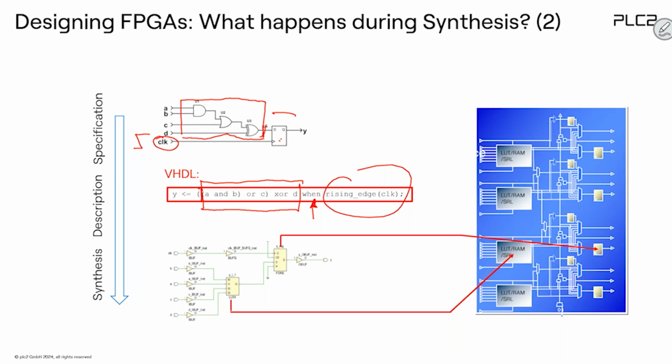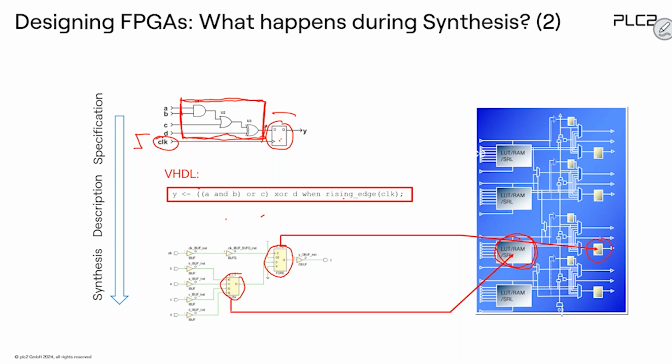The registered function. This means now, if I describe this and run the synthesis, I will again get this logic. The lookup table, which represents this block, will be implemented here because it's combinatorial. But this flip-flop, which is described here because of the rising edge condition, will be implemented here.